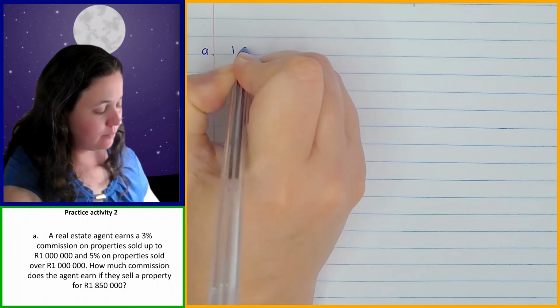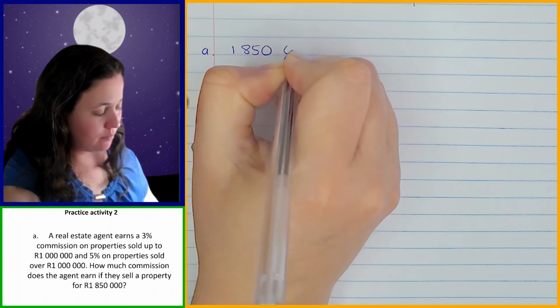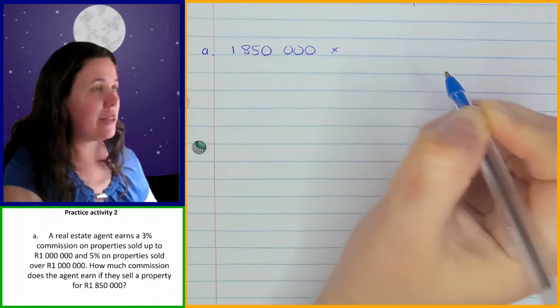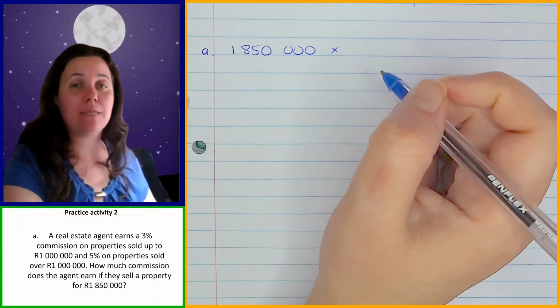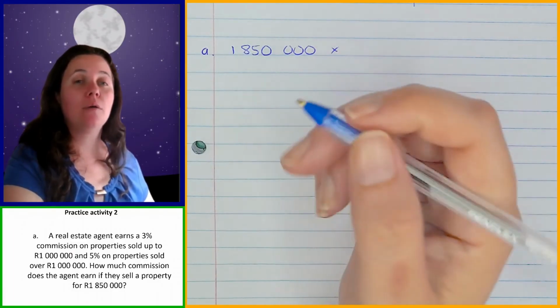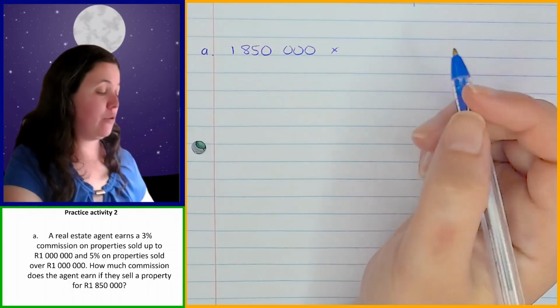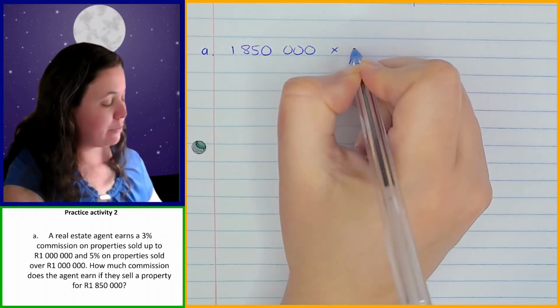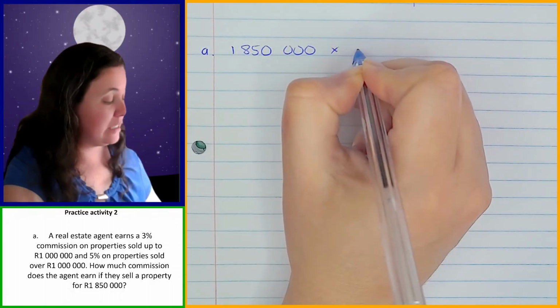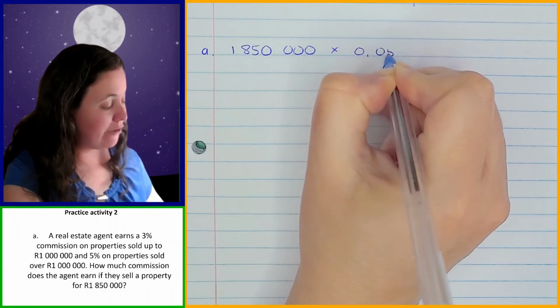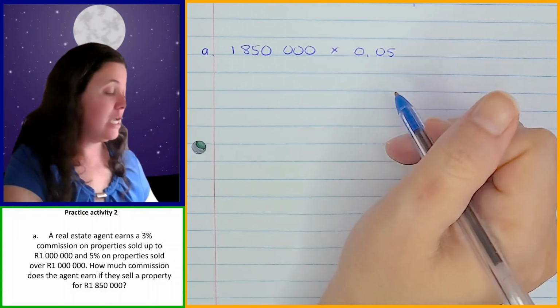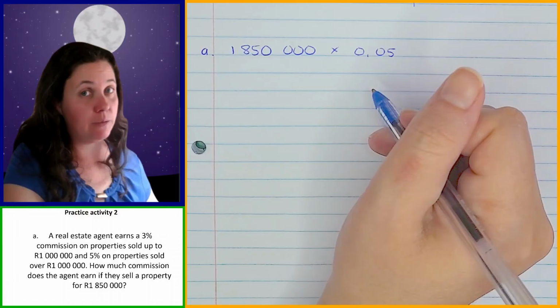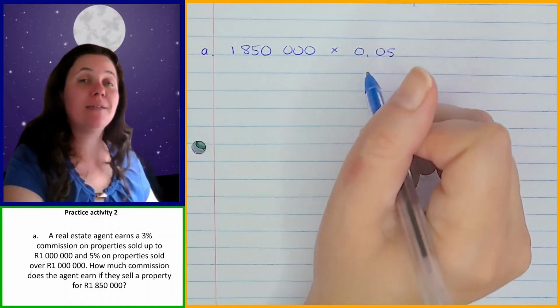So we're going to take that 1,850,000 and we're going to multiply that by 5% because that's the commission they get when they sell a property for more than 1 million rand. Okay, so it's going to be multiplied by 5% as a decimal fraction, which is 0.05. Please be careful, it's not 0.5. If it's 0.5, that's actually 50%. So be careful, it's 0.05.